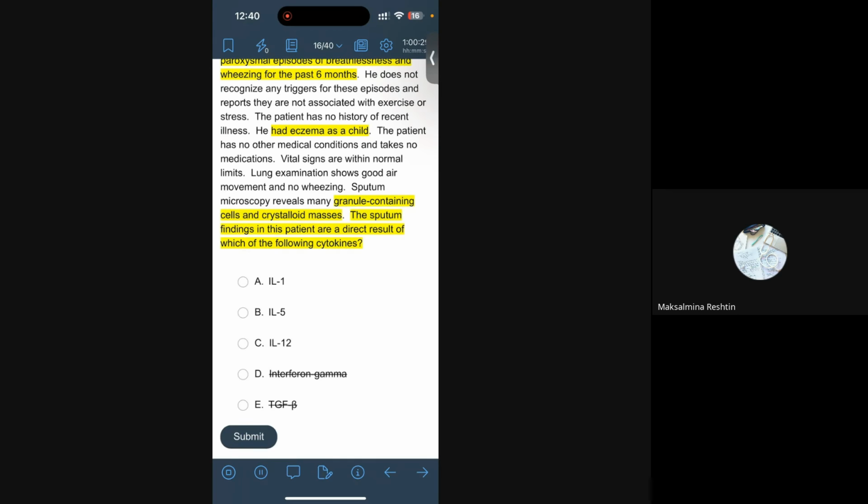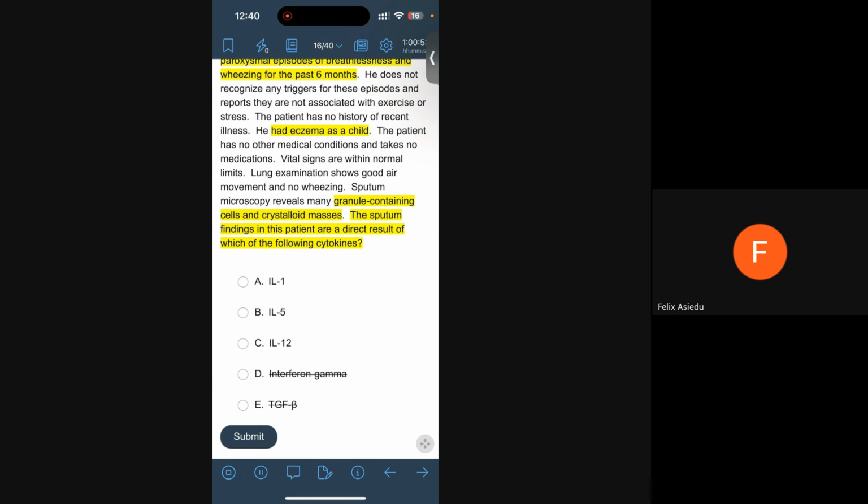What drug do we use for a specific interleukin in asthma? Omalizumab, mepolizumab. Those drugs work against which interleukin? Interleukin 5.